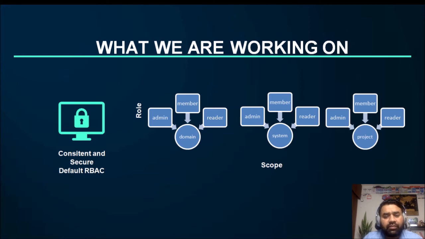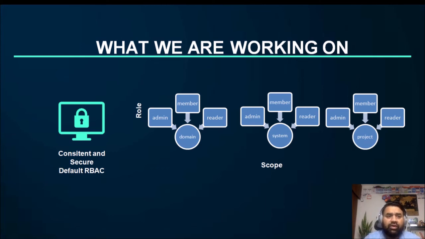And basically we'll have the scope concept. So we'll have three scopes: domain, system, and project levels. If your API access or operation is at domain level, system level, or project level, you can give the scoped tokens accordingly. For example, Nova hypervisor APIs.